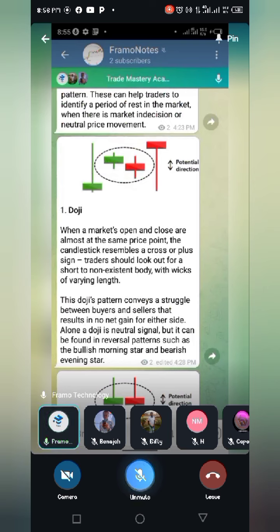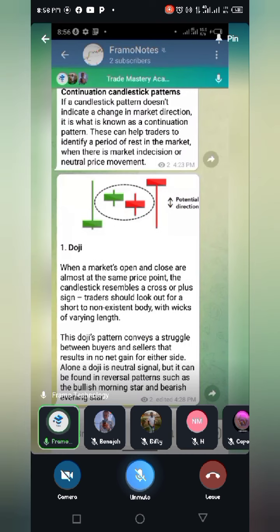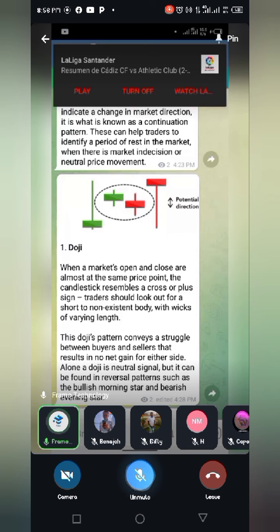You understand? So we call it a continuation pattern. We have bullish continuation and bearish continuation patterns.